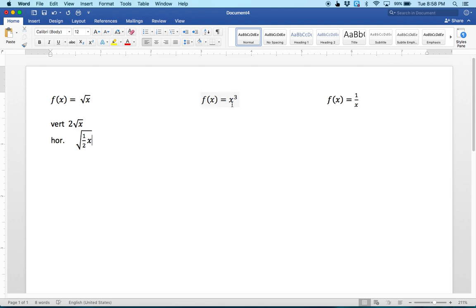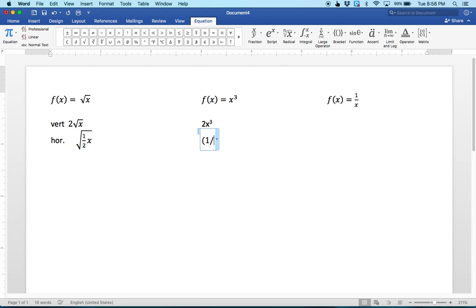If I was going to do that with something like x cubed, if I wanted to do vertical, it would just be 2x cubed. If I wanted to do horizontal, I would see inside parentheses 1/2 x, and then the cubed would be on the outside.